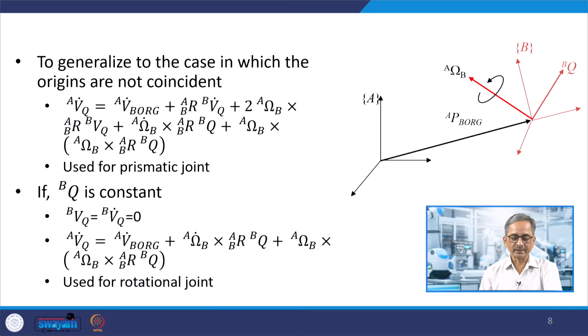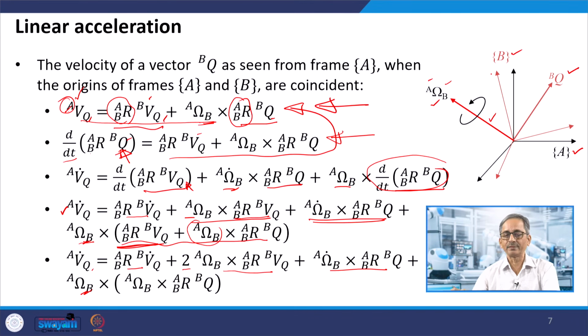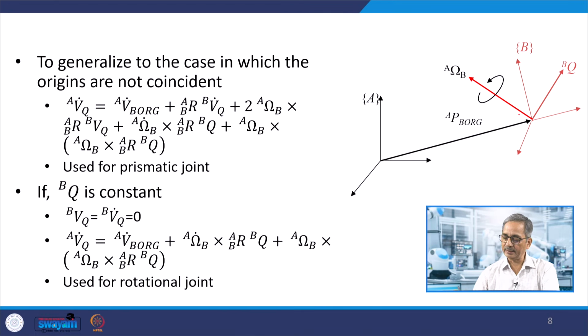Now, to generalize to the case in which the origins are not coincident. In this case we did some simplification. Here we assumed that the origins of B and A lie at the same point, but now we say that the origins of B and A do not lie at the same point; rather they have some velocity.